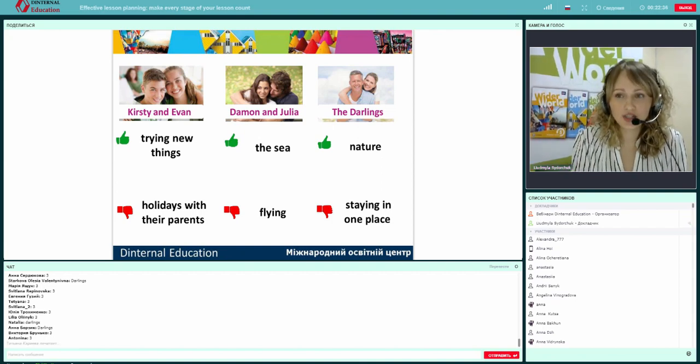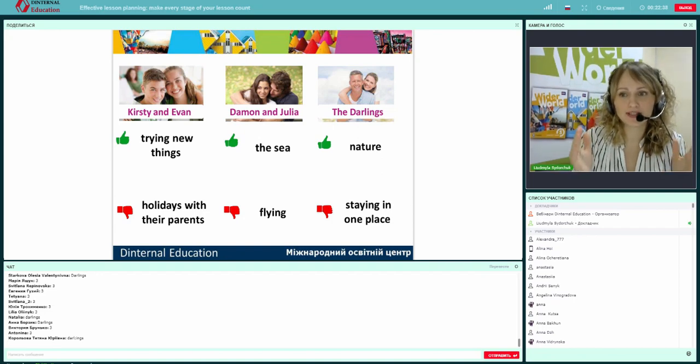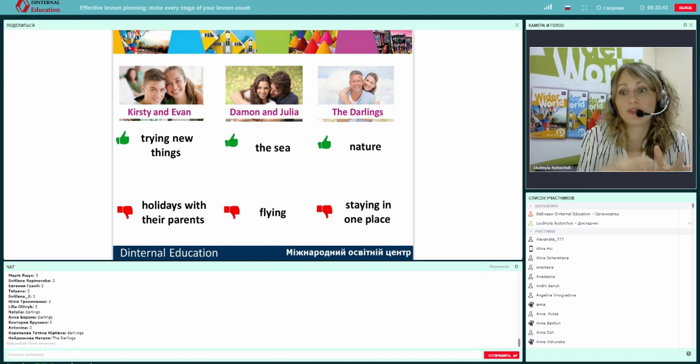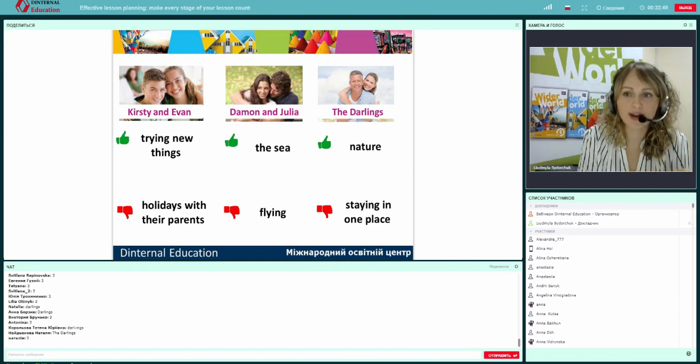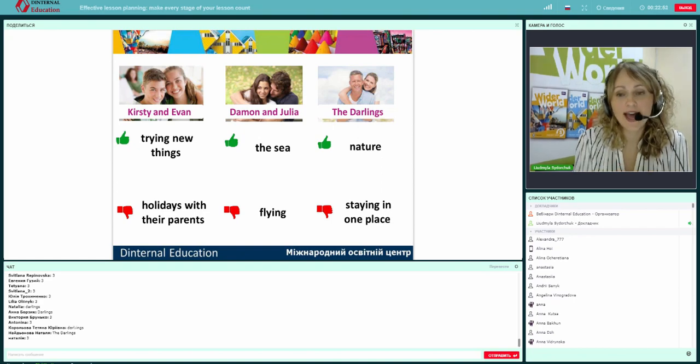So in such a way, this part of the lesson will probably be the longest, because we will first of all develop scanning, then we will be concentrating on developing detailed reading skills.